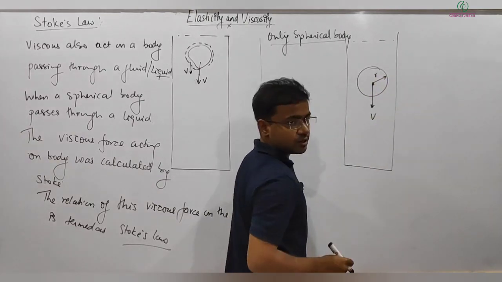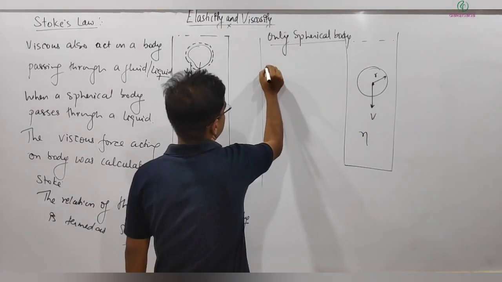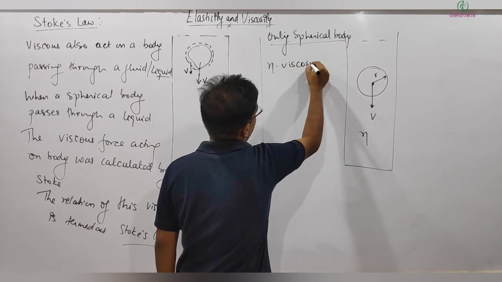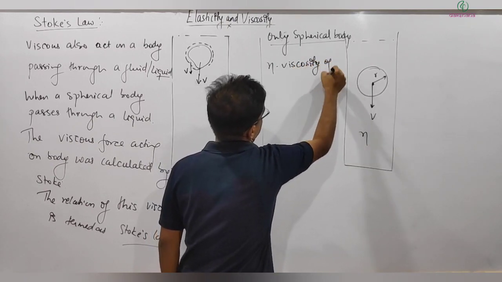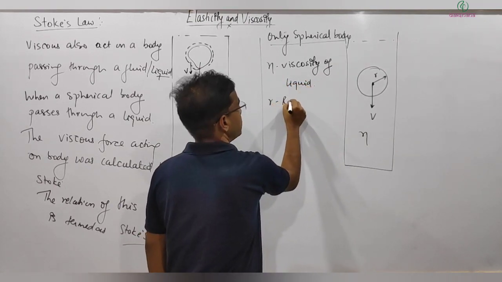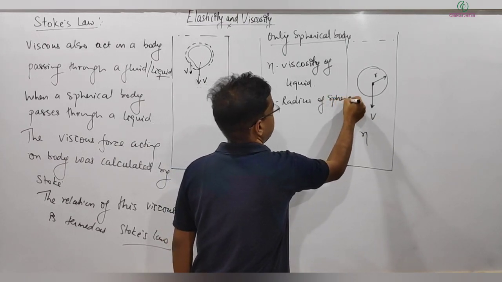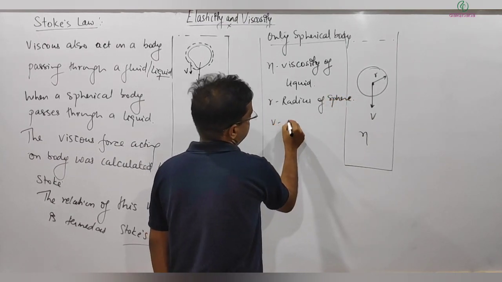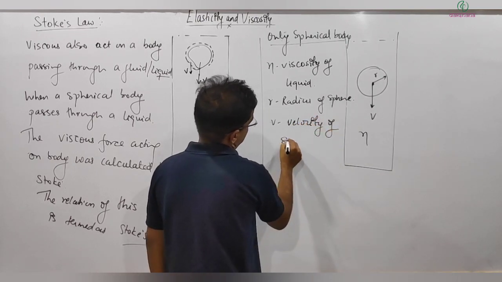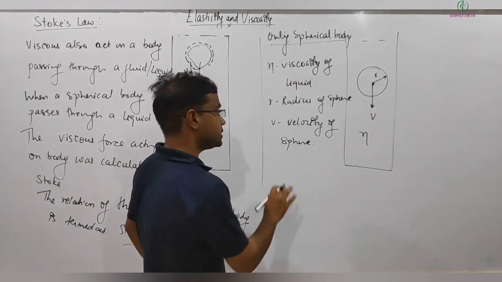It's moving with some velocity v. Viscosity of the fluid is eta. So eta is the viscosity or coefficient of viscosity of the liquid, r is the radius of the spherical body, and v is the velocity with which it is moving.